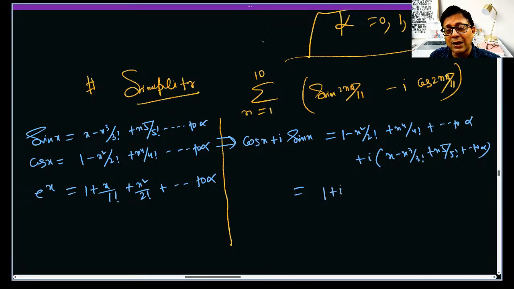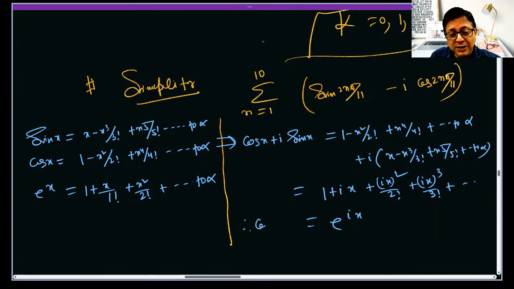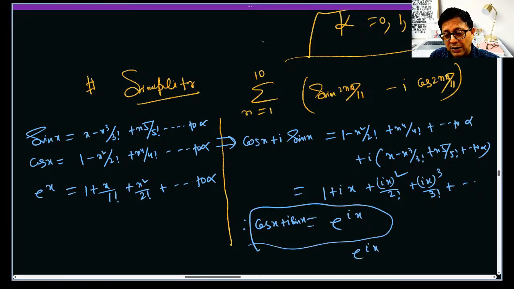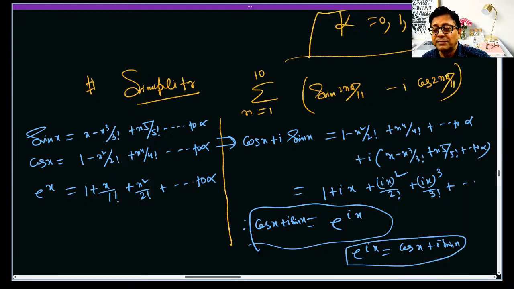This we can write as 1 plus ix, minus x² by 2, plus (ix)³ and so on. This is nothing but e to the power ix. So now we have proved that e to the power ix is cos x plus i sin x. This is called Euler's theorem.